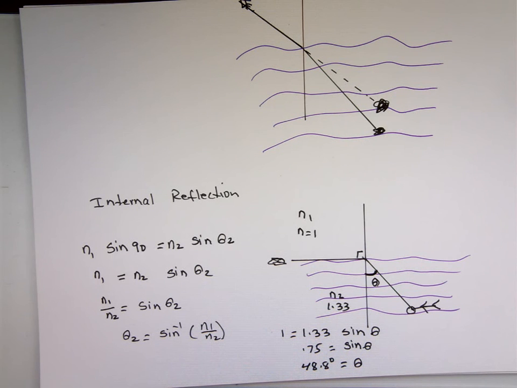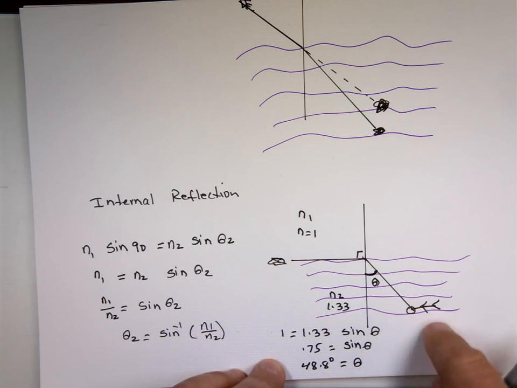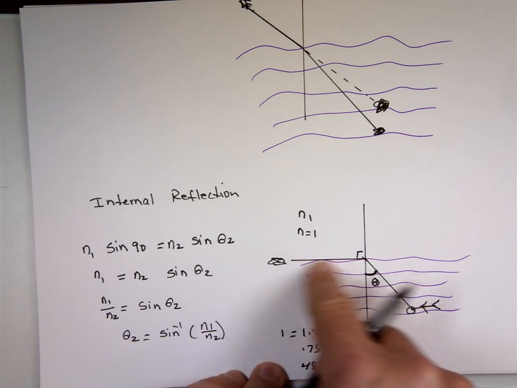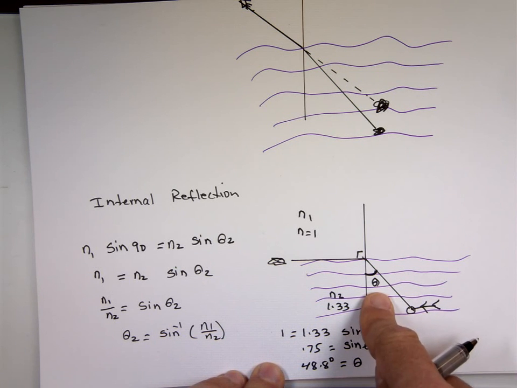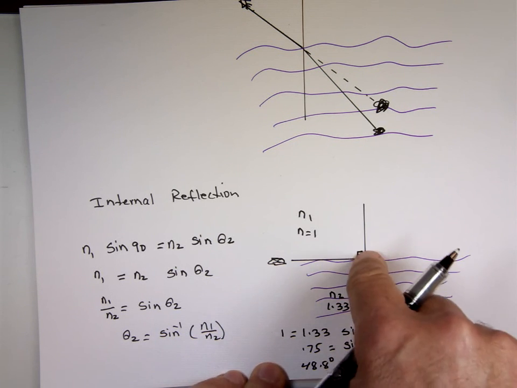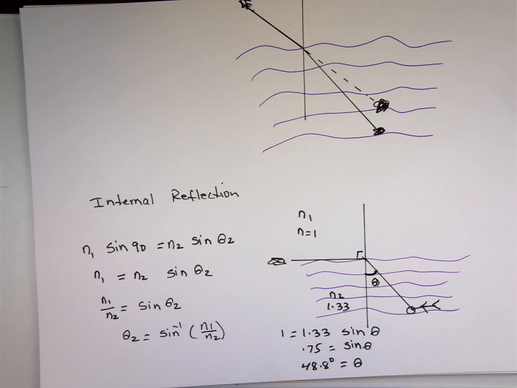So if you're looking at 48 degrees, if you're looking up there in that direction, your reflection will come that way, horizontal. If the angle exceeds 48, at 49 degrees, it's going to go back into the water, you'll never see anything. So that's what internal reflection is.